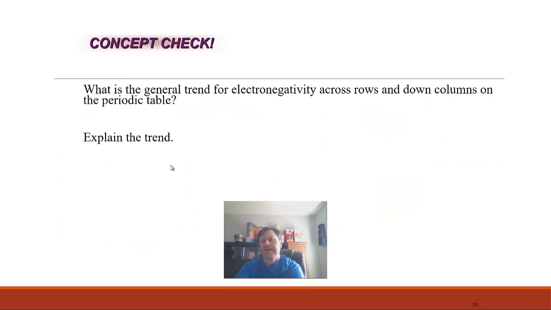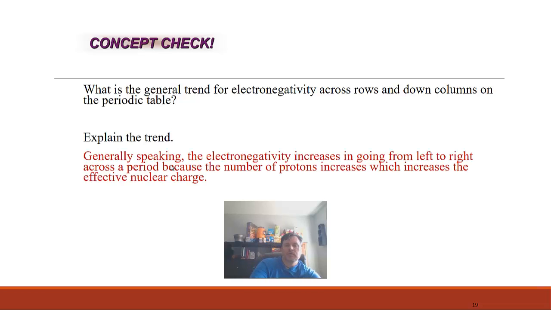Okay, a couple concept questions for you. What's the general trend for electronegativity across rows and columns on the periodic table? Explain this trend. So think about this, and then come back to me once you do. Generally speaking, electronegativity increases going from left side to right side across the period because the number of protons increases, which then decreases the atomic radius, which increases our effective nuclear charge and that attraction.